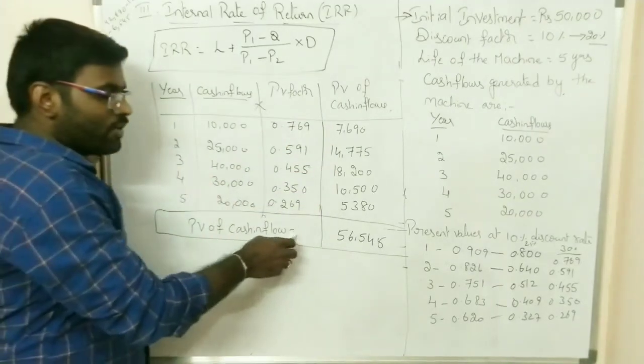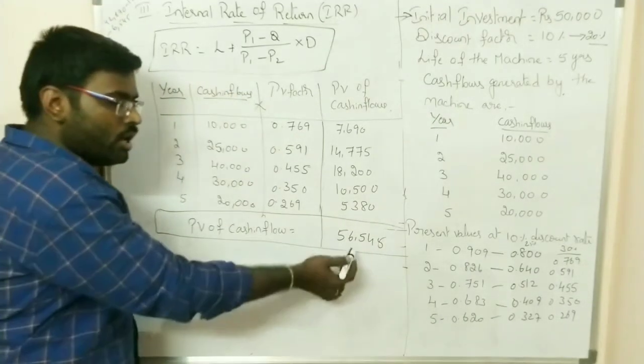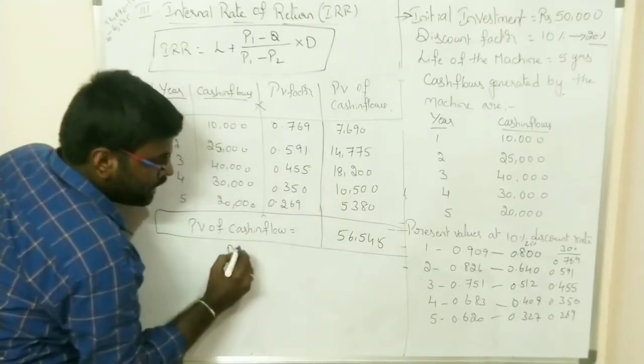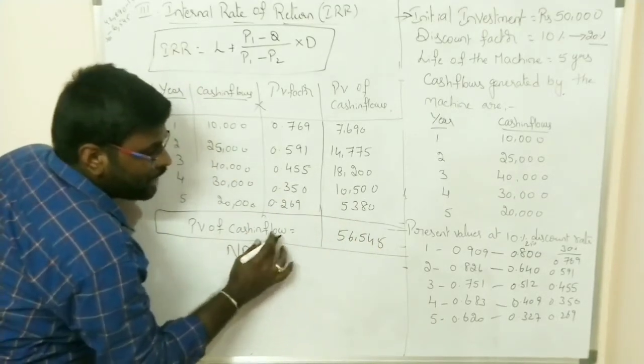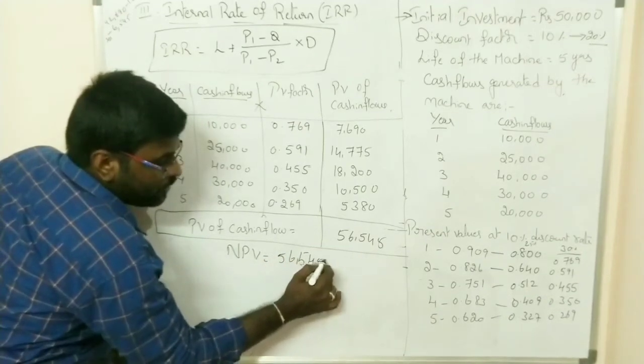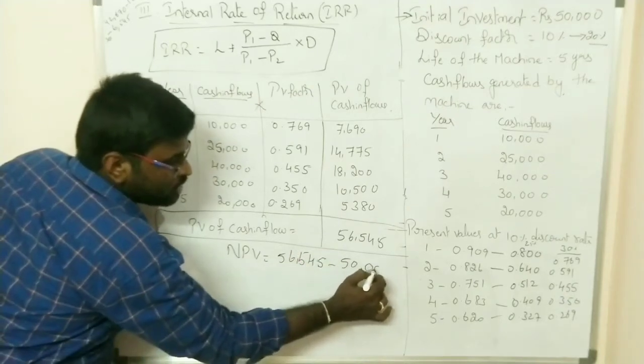So the present value of cash inflows at the 30% discount rate is 56,545. Now the NPV will be the present value of cash inflows, 56,545, minus the initial investment of 50,000.